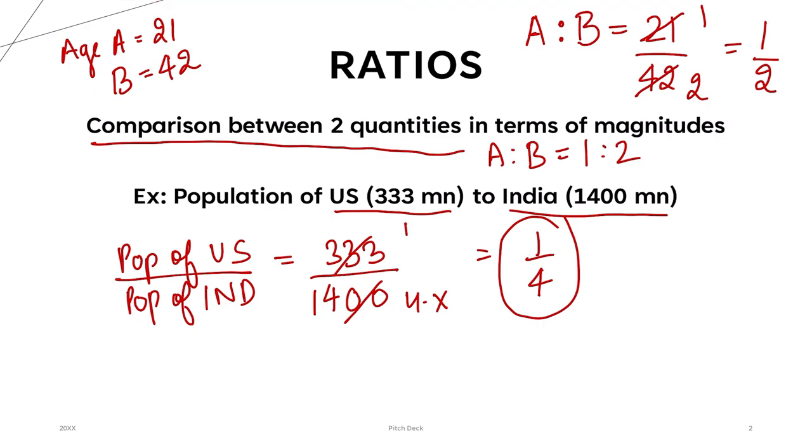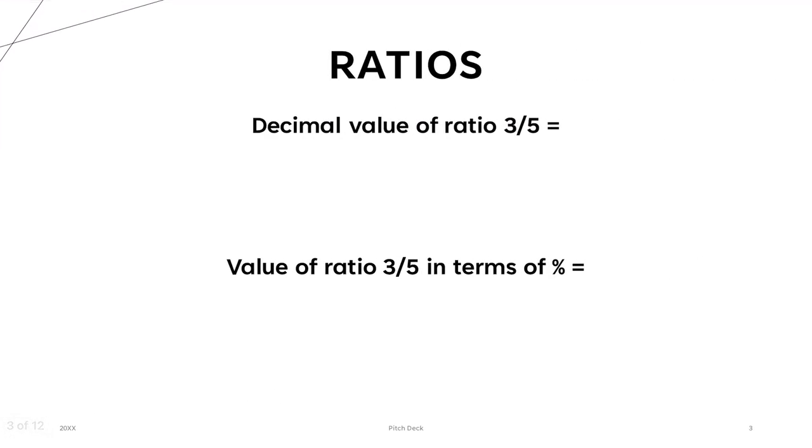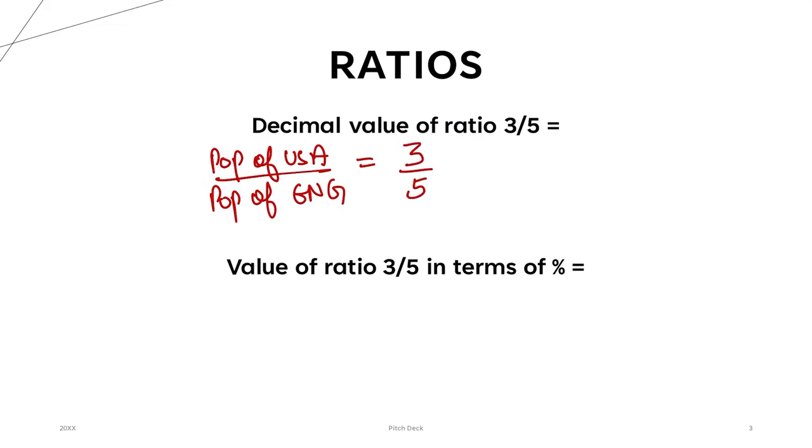Now moving on, the next thing is representing ratio in terms of decimals and percentages. Let's take another example, the population of US and England. This is just a random number, 3 by 5; in reality it might be something else.